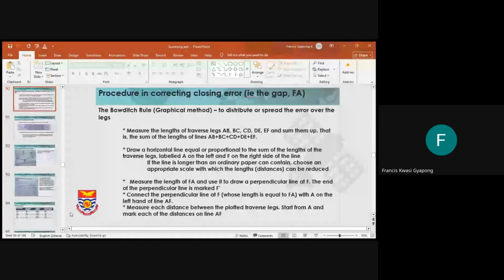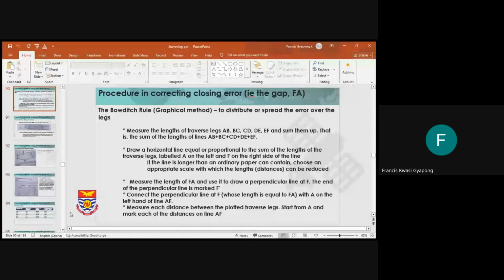So you write somewhere, AB equal to. Then you pick your ruler. You can start either from B to A or A to B to give you the same figure.